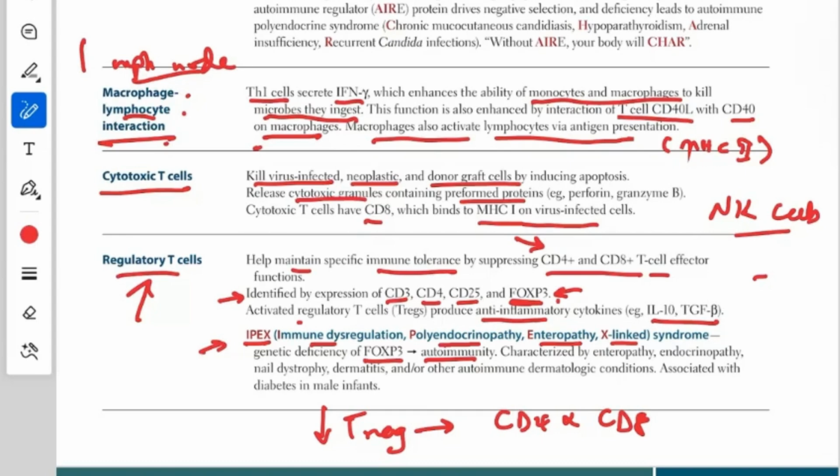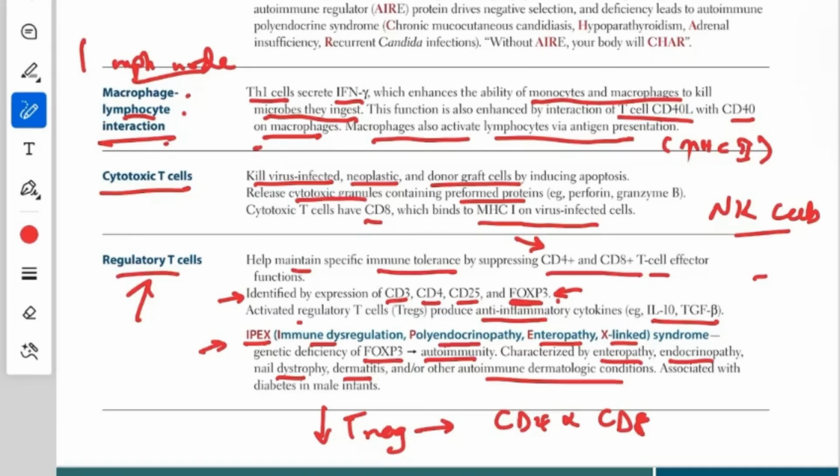And it's characterized, like we said earlier, by enteropathy, that's disorders of the GI, endocrinopathy, nail dystrophy, dermatitis, and autoimmune dermatologic conditions. So very important you know this. Enteropathy is probably from chronic diarrhea, and maybe leads to malabsorption, so these people will be malnourished.